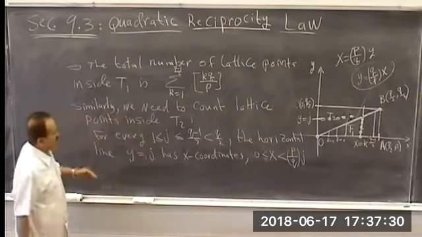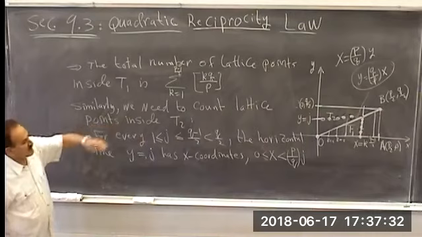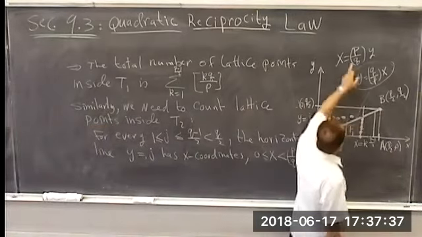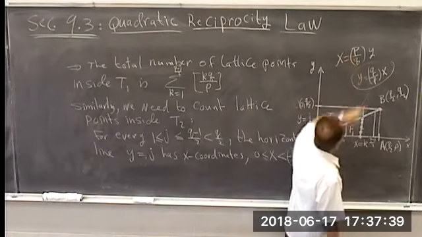And the number of lattice points in here is going to be just the largest integer less than or equal to this, p over q j. All right?